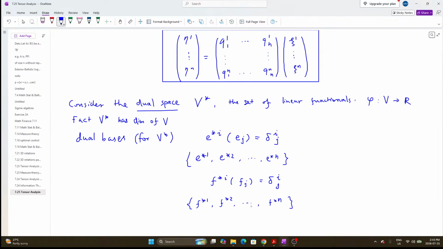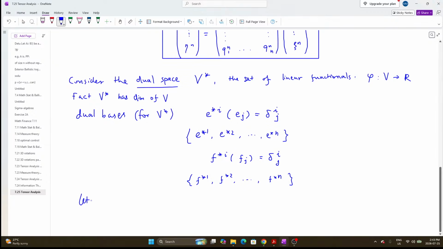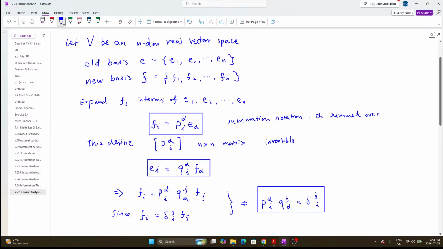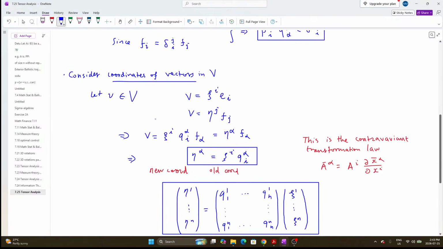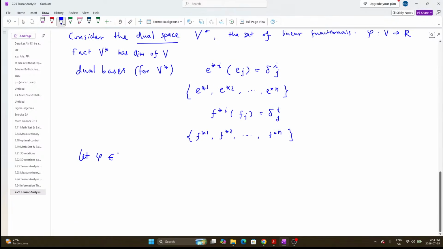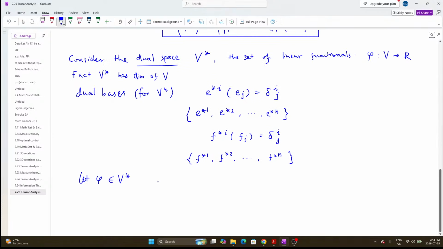So now let's consider the same functional, but in two bases, much like what we did earlier. You have the two bases, and now you consider an arbitrary vector v in big V, and an arbitrary phi in V star. Phi is a linear combination of e star i's and also of f star i's.